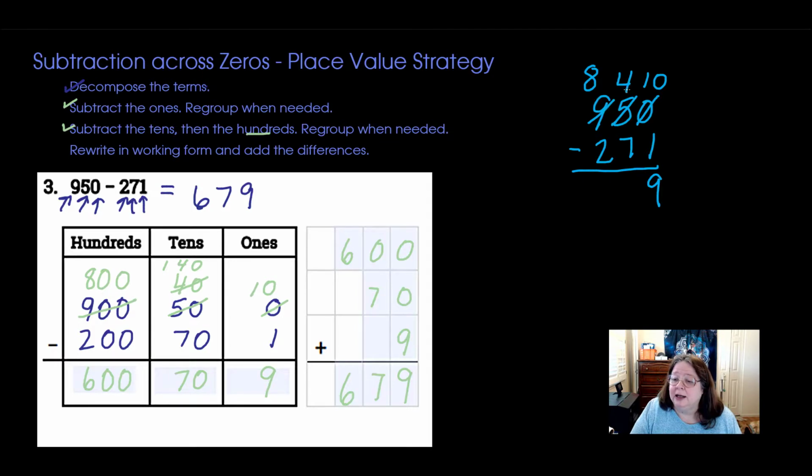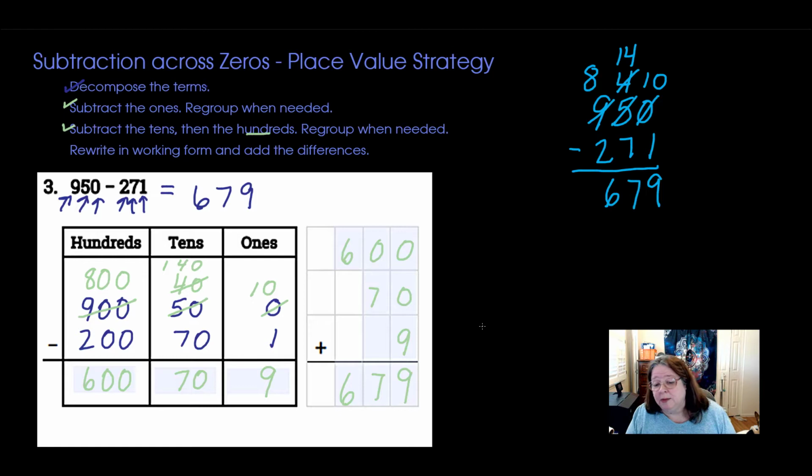So 10 plus 4 is 14. So now I have 14 tens, and 14 minus 7, that's the same as 14 tens minus 7 tens. 14 minus 7 is 7, and 8 minus 2 is 6.